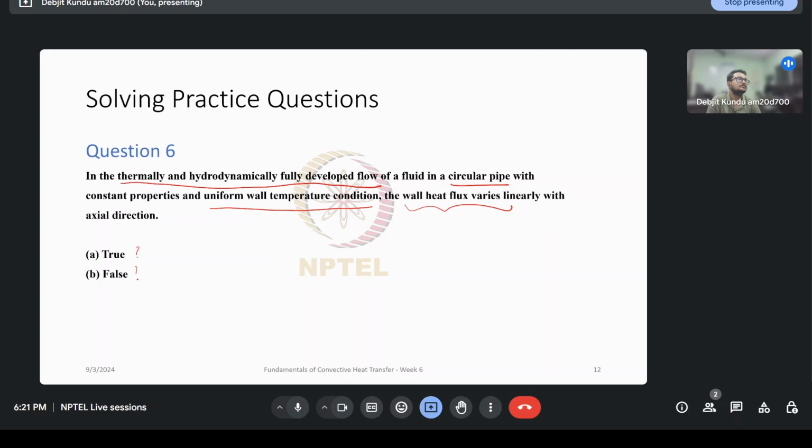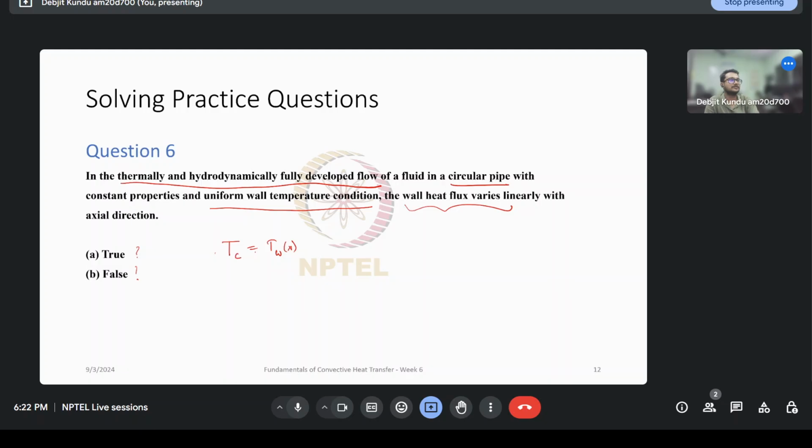So we know that in case where we have uniform wall temperature condition with fully developed flow through a circular pipe, the temperature at any location is equal to some T wall, which is a function of x.